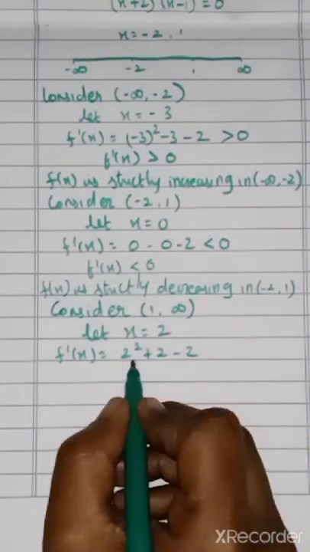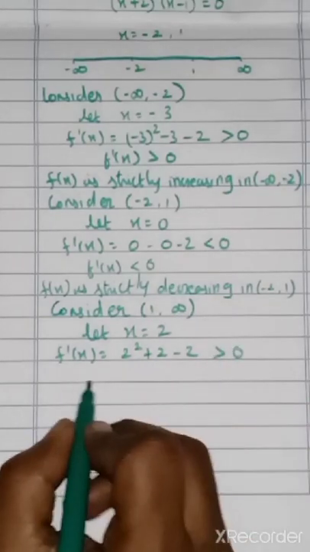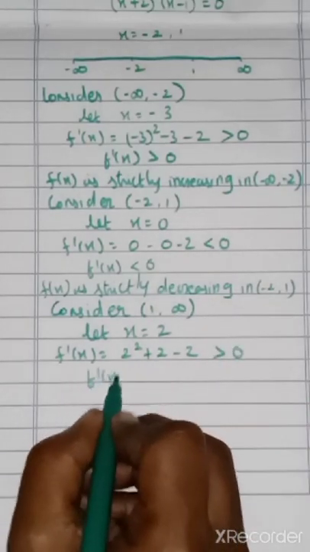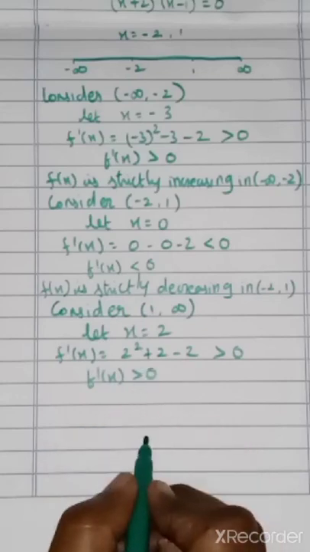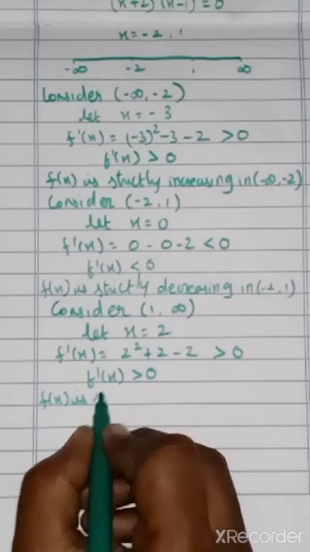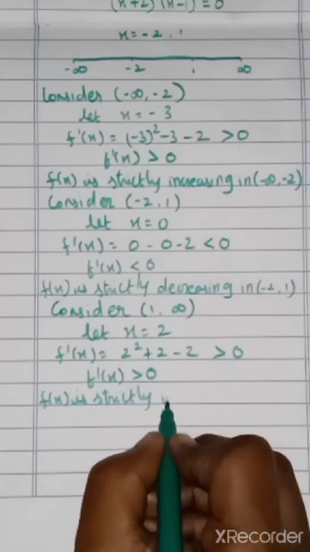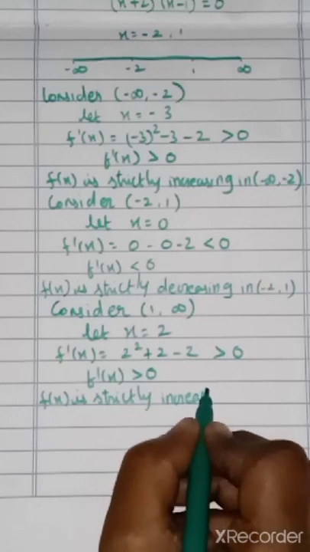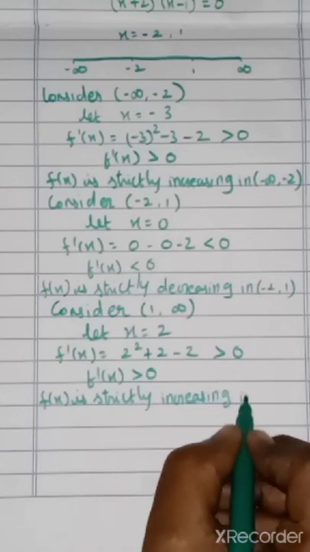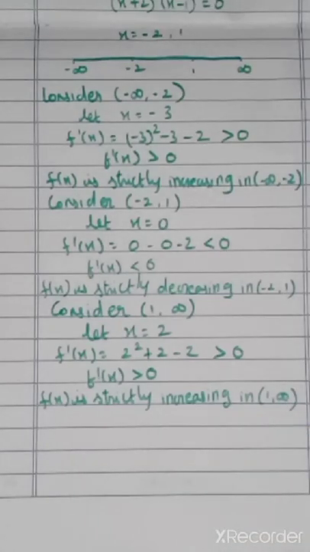So plus 2 minus 2 cancel, 2 2s are 4, correct? 4 is greater than 0. So f dash of x is greater than 0, right? Therefore f of x is strictly increasing in 1 comma infinity. So first subdivision we completed.